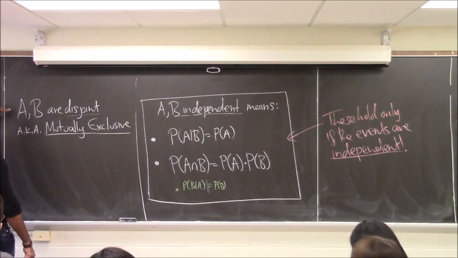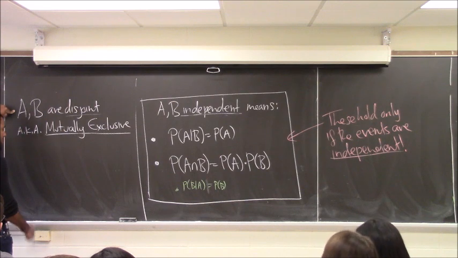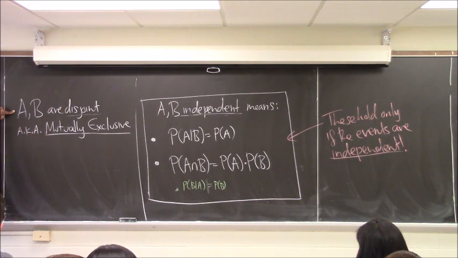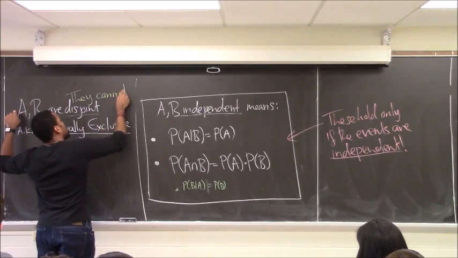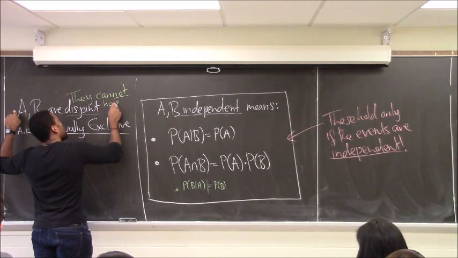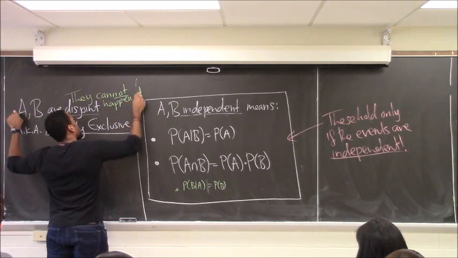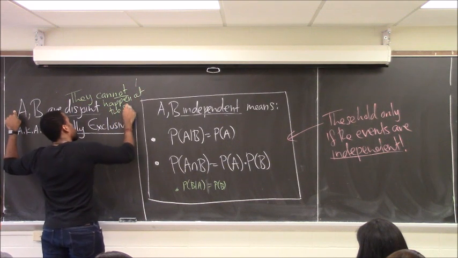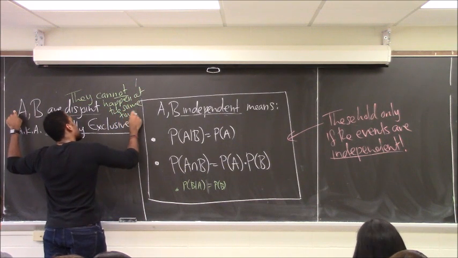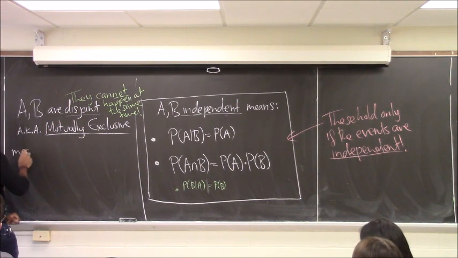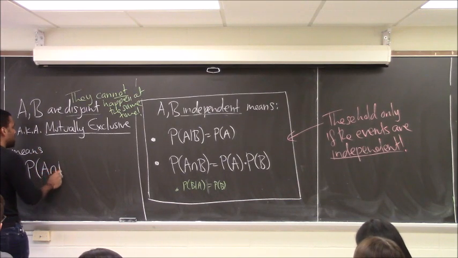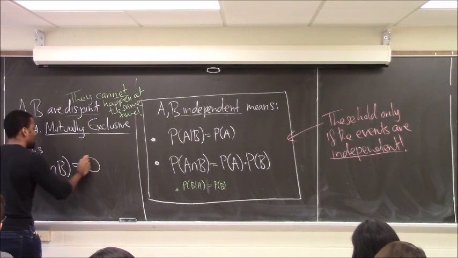So when two events are disjoint, meaning they cannot occur at the same time, what that means is the probability of A and B is 0.